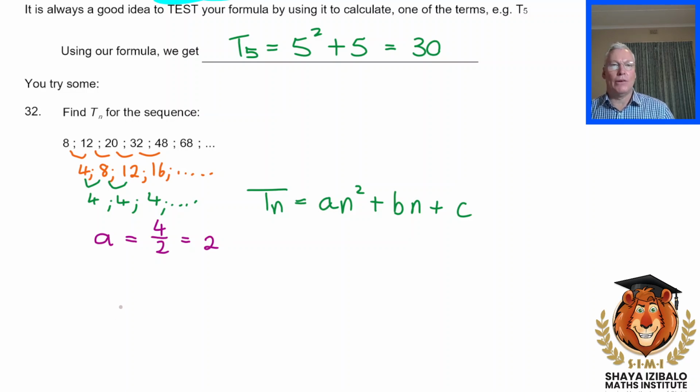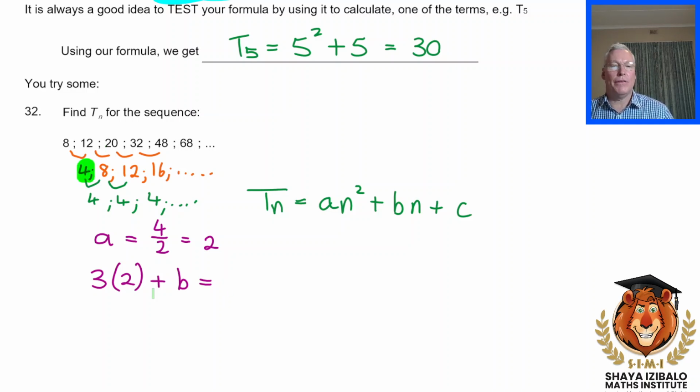Okay. The next little formula that we need to find B is that 3 lots of A, now I'm filling in A is 2. 3 lots of A plus B is the first term of our first differences. The first term of our first differences is in fact 4.